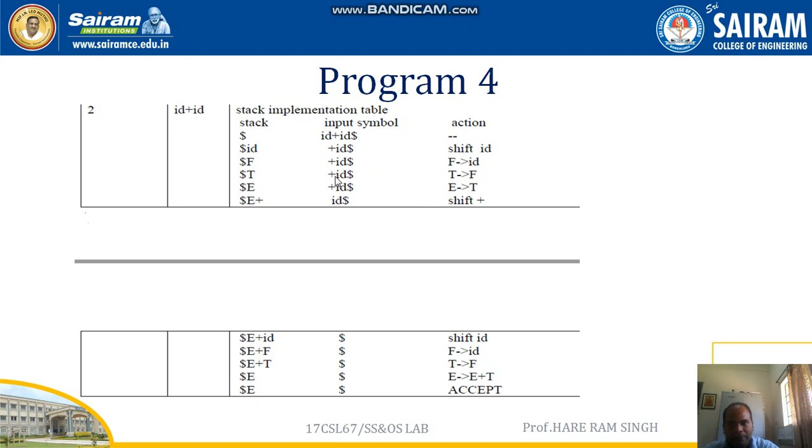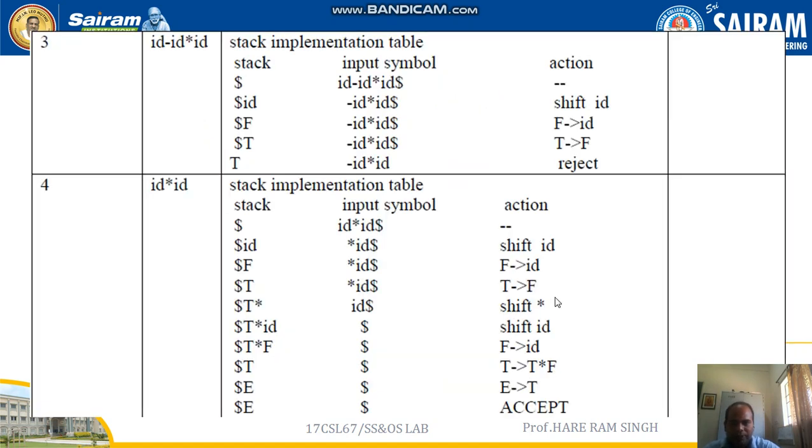Again F can be replaced by T, and T can be replaced by E. Next plus is shifted, and the input left is id $. Now the next shift is id. So E + id, id can be replaced by F, F can be reduced to T. So E + T can be reduced to E. So this input is also accepted under the given grammar.